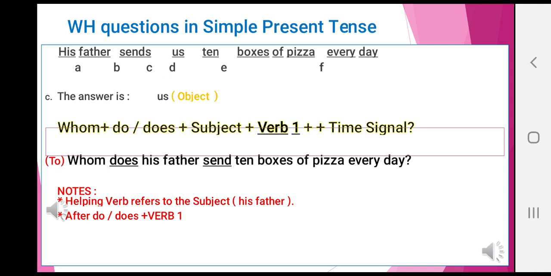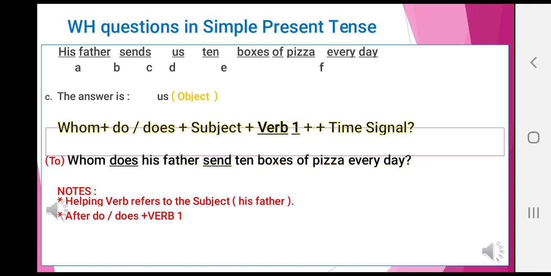So we use "whom" because the answer is the object. Whom or to whom does his father send 10 boxes of pizza every day? The answer is "us", the object.